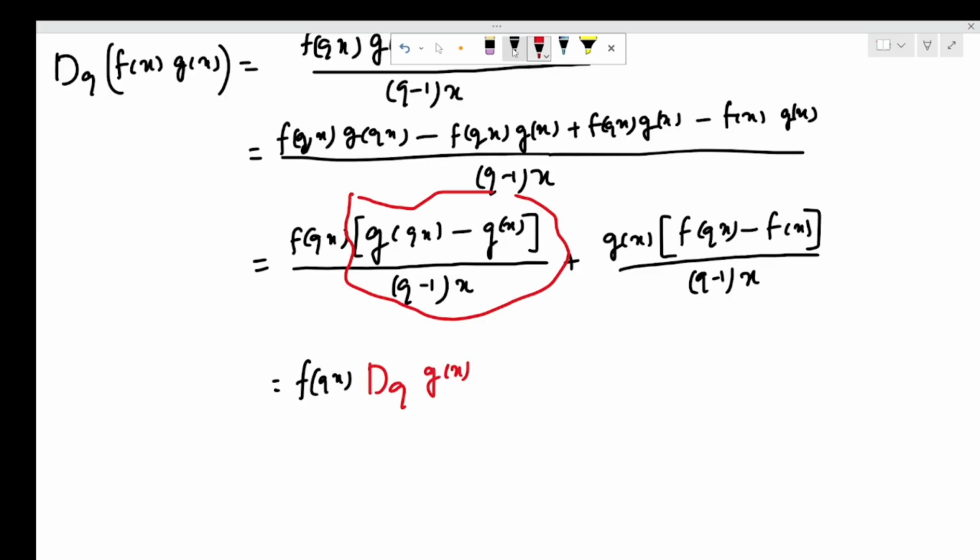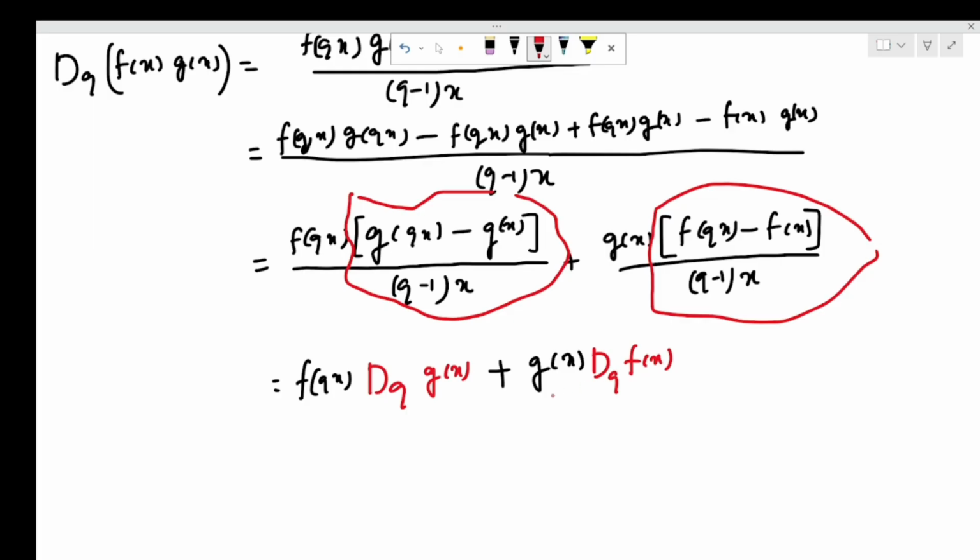Okay, clear? Now plus similarly, this is g of x into this part, and again this part is the quantum derivative of f of x.